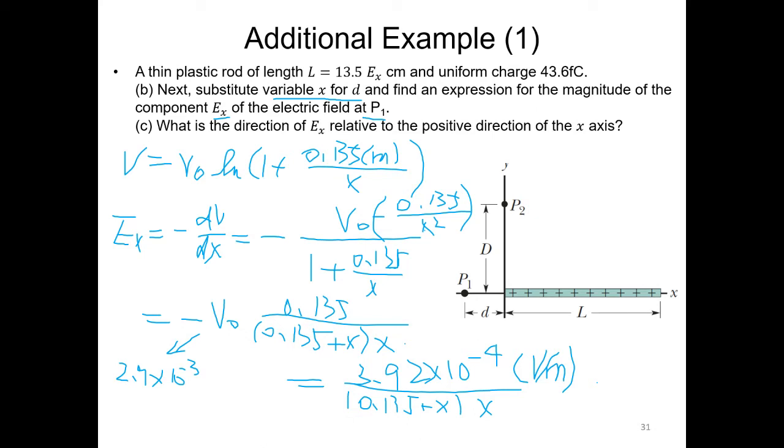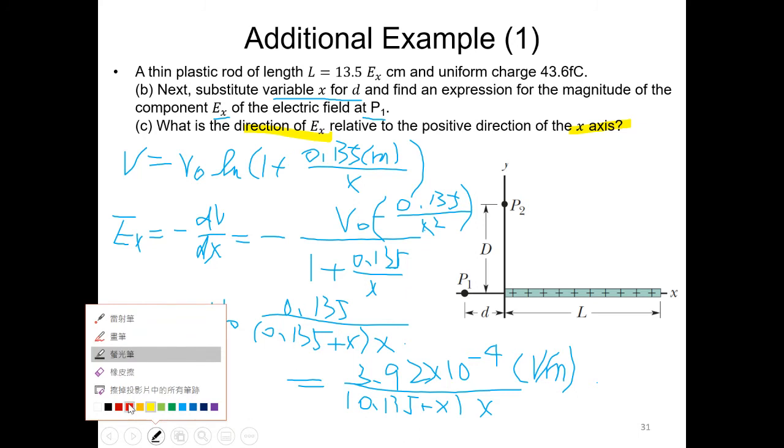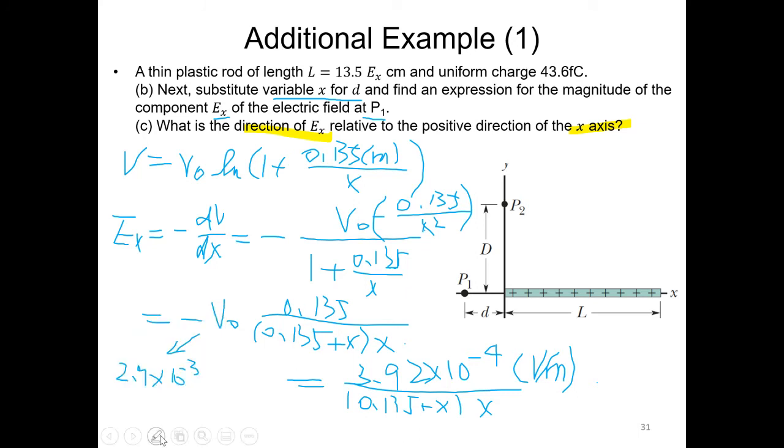And it asks what the direction of Ex is relative to the positive direction of the x-axis. Opposite direction. I forgot a minus sign here.